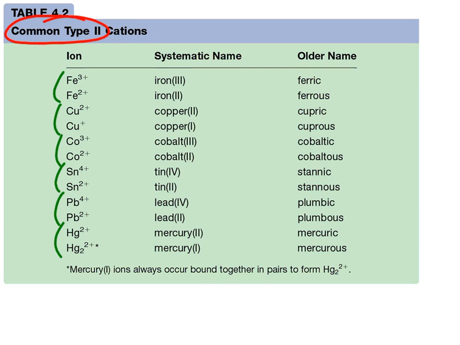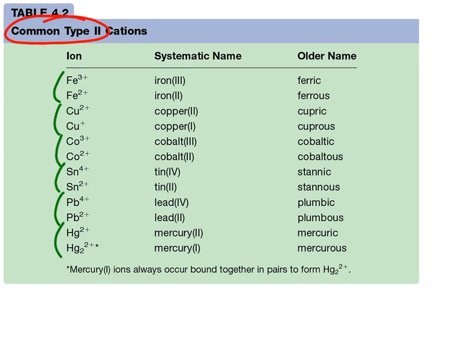That doesn't mean that they're the only ones we're going to use. In fact, I'll show you a way in this video to determine the formula and the cation, no matter what the cation is, because the anions, like I said earlier, don't change. And you can use those anion charges to determine what your cation charge is.